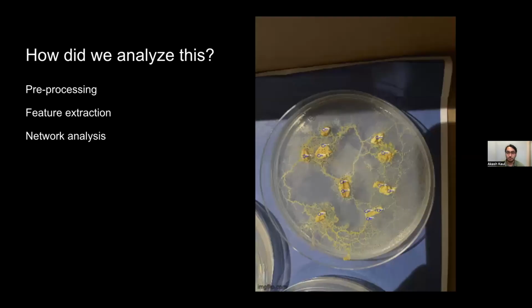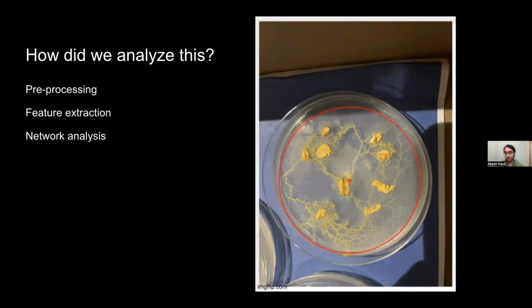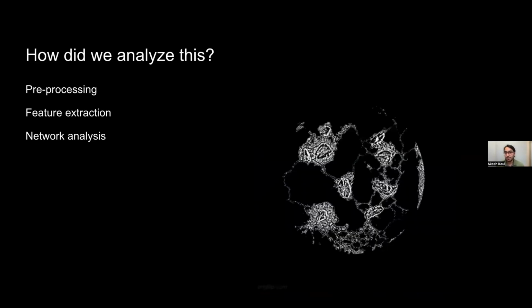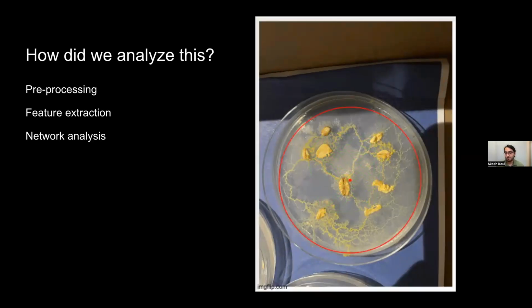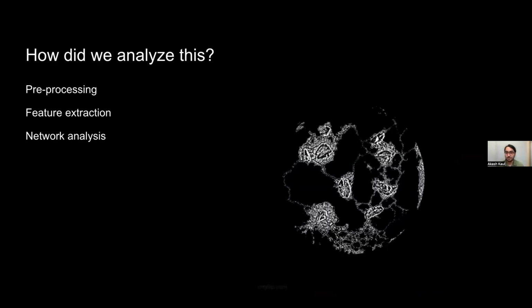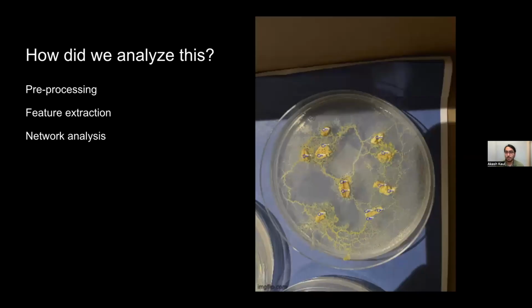But fundamentally, we're just trying to process these images into a usable format, right? And so we want to get rid of all the noise. We want to get rid of the background. We want to get rid of things that aren't directly in the petri dish, and really just isolate the slime mold in those networks. And that way, we can really dive into how the slime molds grow, where the connections are placed, and how they surface.